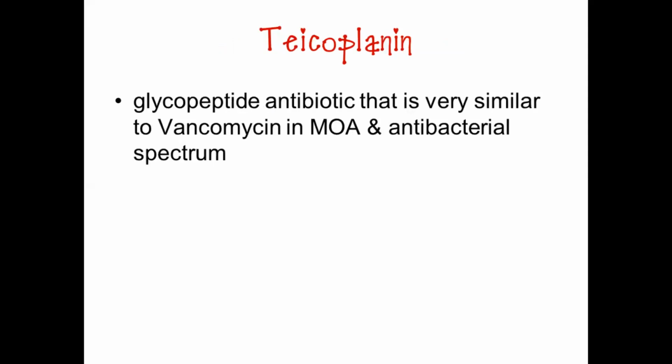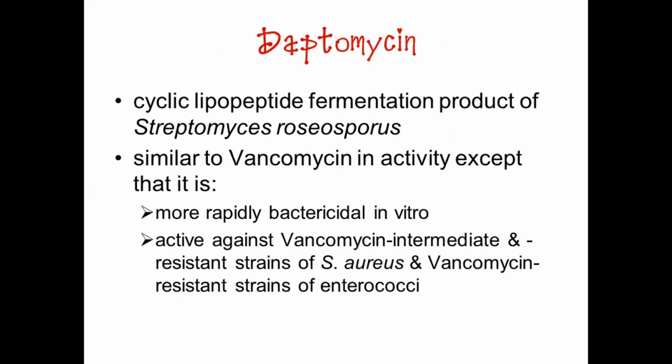Teicoplanin is a glycopeptide antibiotic that's very similar to vancomycin in antibacterial spectrum. Daptomycin is from Streptococcus roseosporus. It is similar to vancomycin except that it is more rapidly bactericidal in vitro.